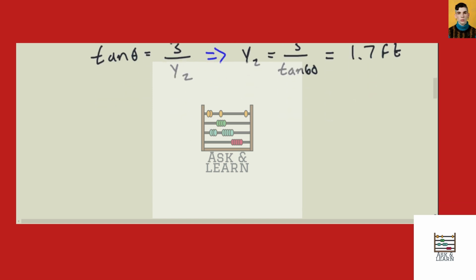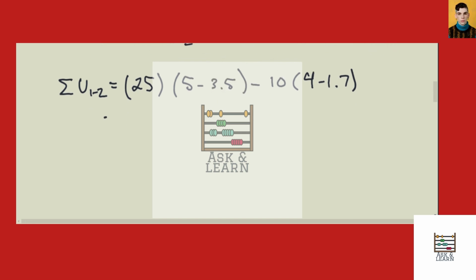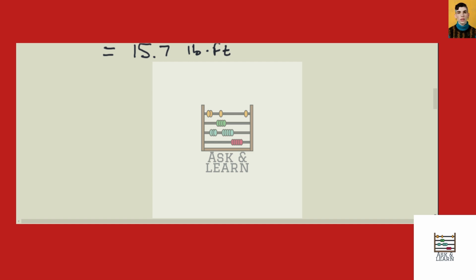So now we can plug in these numbers to find work. Work is equal to F, the force that's given, 25 times 5 minus 3.5, minus the weight, 10 times 4 minus 1.7. So for work, we get 15.7 pounds-feet. Now we can plug this back into our work energy equation.